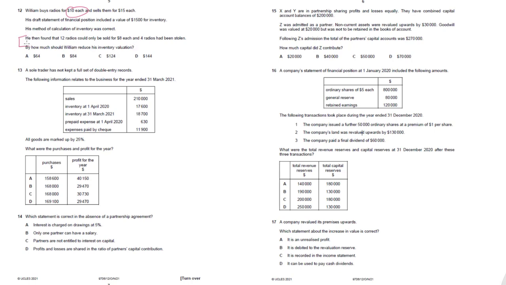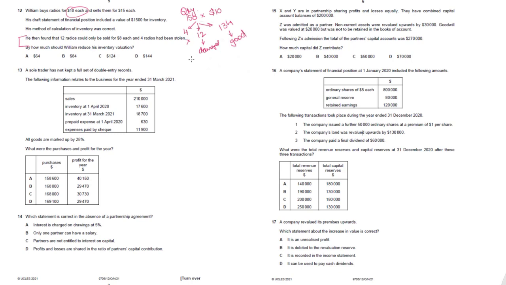Ignoring this last statement, if he values inventory at $10 and 1,500 is the value of inventory, it means the quantity of radios in stock is 150 units, multiplied by $10 to arrive at 1,500. Now out of this 150, 4 are stolen, 12 are damaged, and the balance radio units, which would be 134, are in good condition.